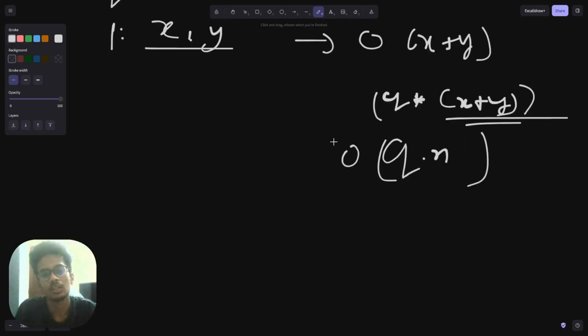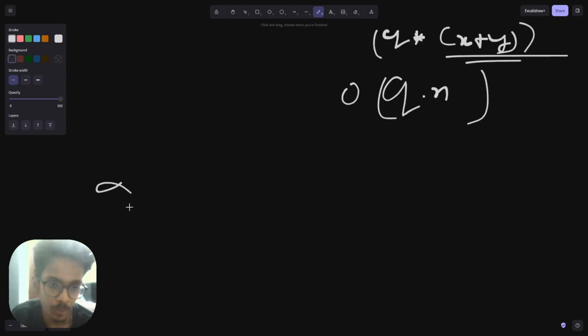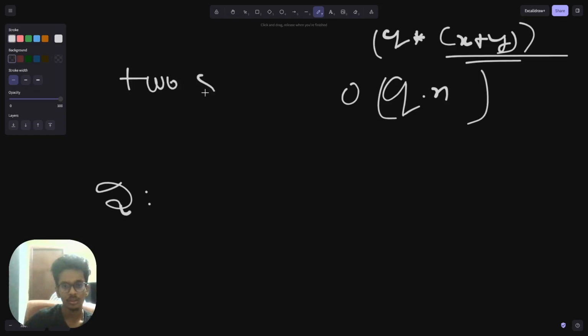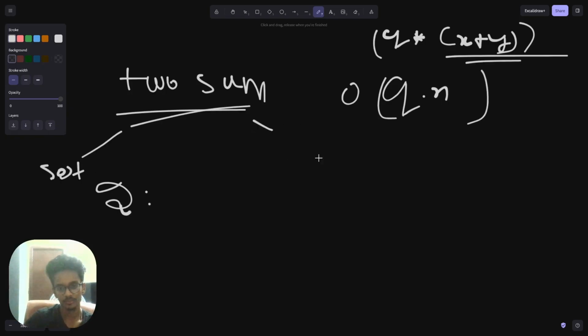Then the second type of query, which is checking if the pair sum exists or not. See, there is the two sum problem if you have done it on Leetcode, which is the very first problem, I guess. There are two ways of solving it: sort it and use two pointers, or else use a hash map.